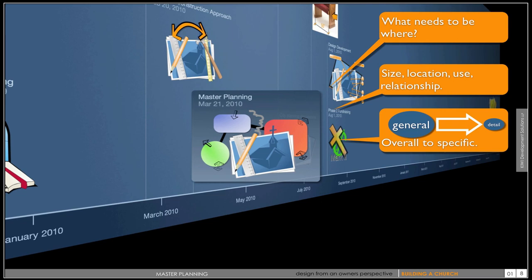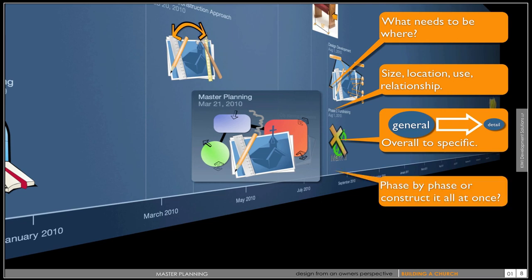One of the considerations is the phasing of the project. That means that you will understand at this early stage what it will take to actually construct a piece-by-piece approach to redeveloping the entire church campus, for example. And finally, there is a budget that is again assigned to this master plan.